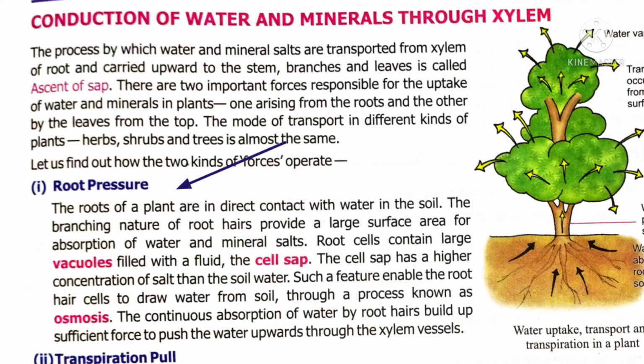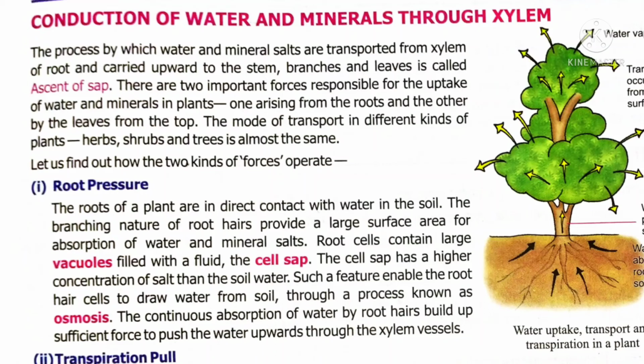You know that the root of the plant has small hair-like structures called root hair. This root hair provides a large surface area for absorption of water and minerals. The root cell contains a large vacuole filled with a fluid called cell sap. What is cell sap?